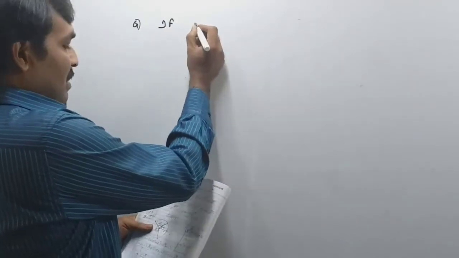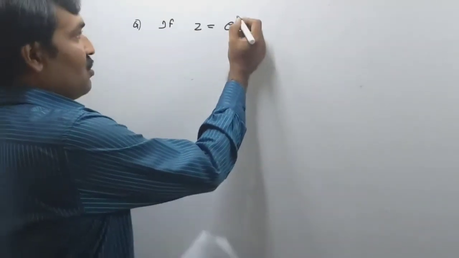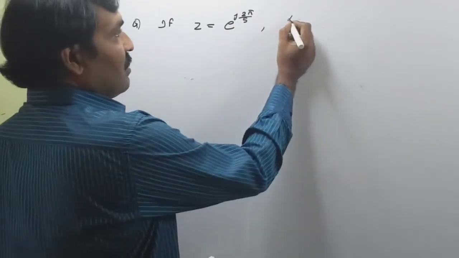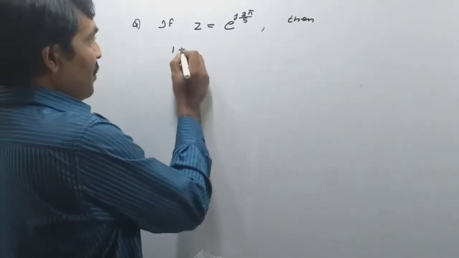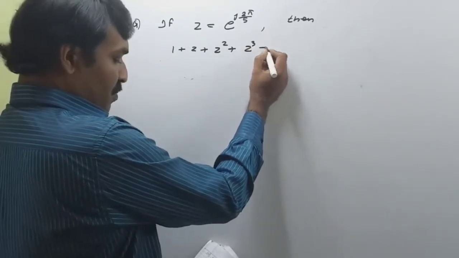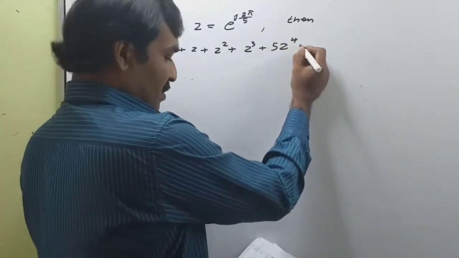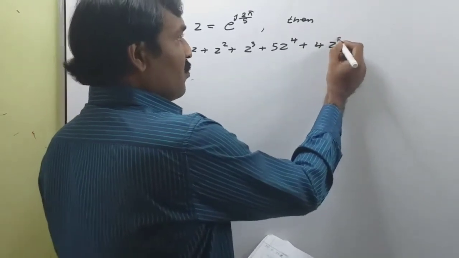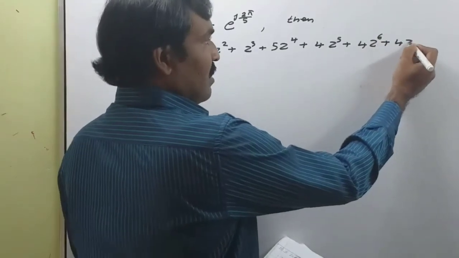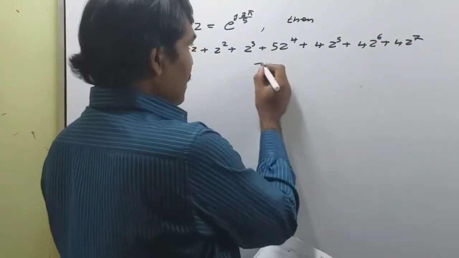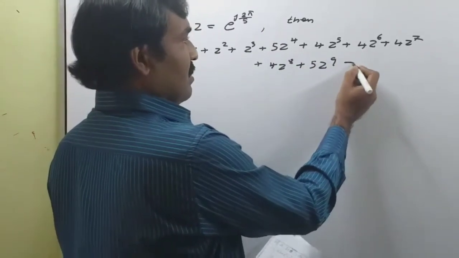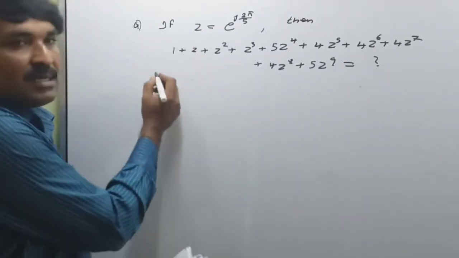If z is equal to e raised to j 2 pi by 5, then 1 plus z square plus z cube plus 5z raised to 4 plus 4z raised to 5 plus 4z raised to 6 plus 4z raised to 7 plus 4z raised to 8 plus 5z raised to 9 is equal to what? The question choice is given.